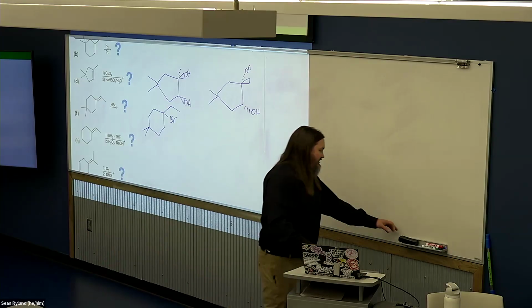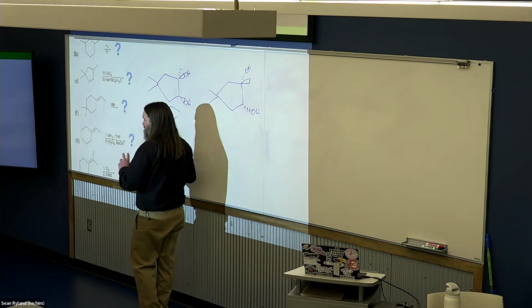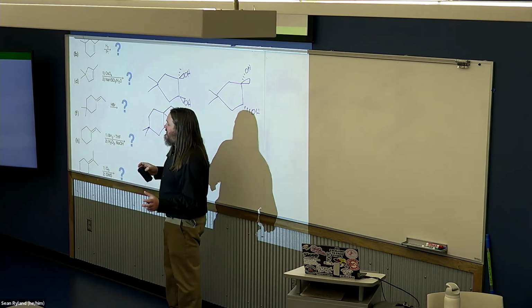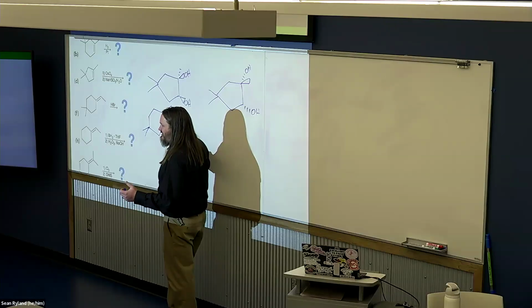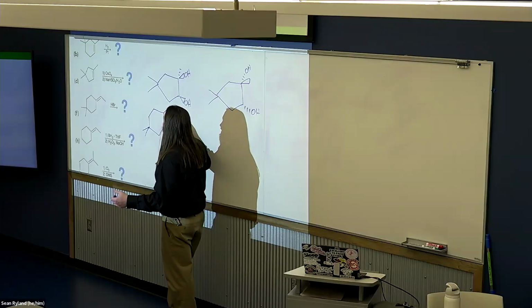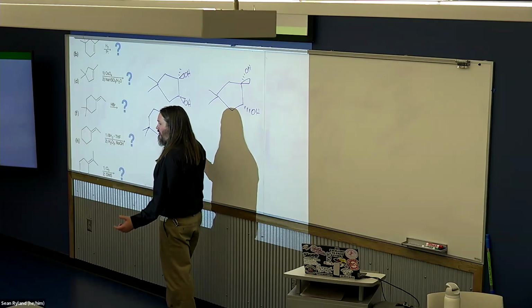I also feel like I should say in this case that you don't want to just spam plus ENT on everything, because if you write plus ENT and there is no enantiomer, or the enantiomer is the same molecule, then there will be a small deduction, a quarter of a point.